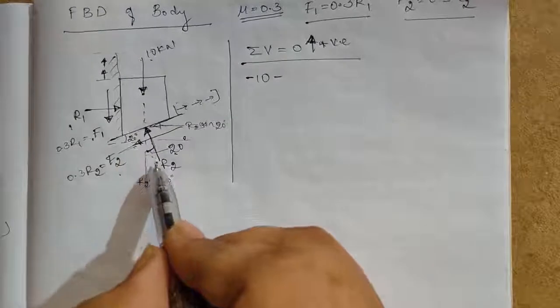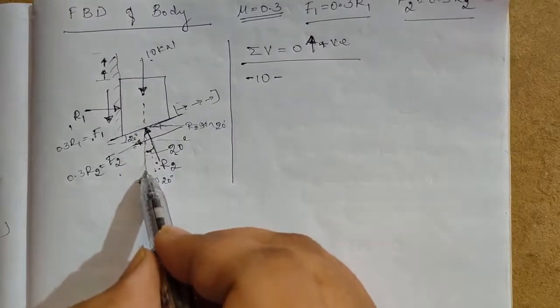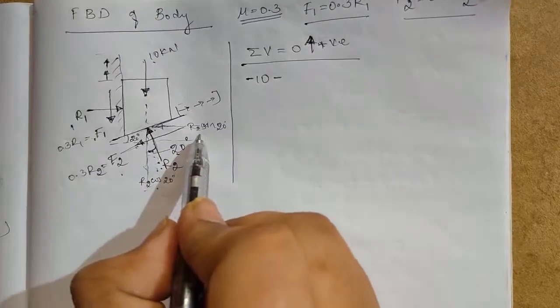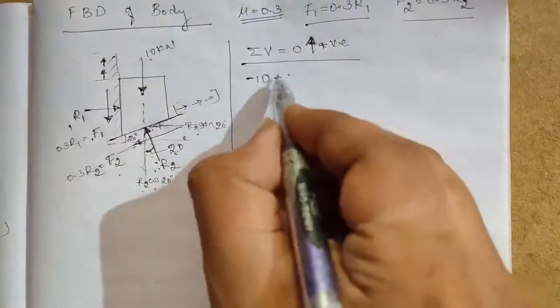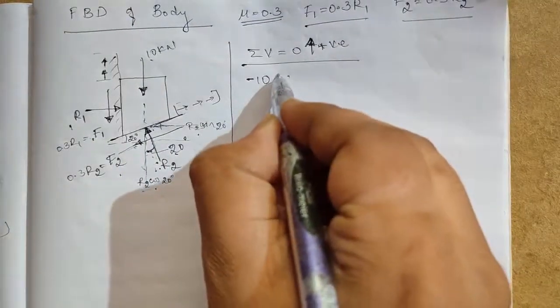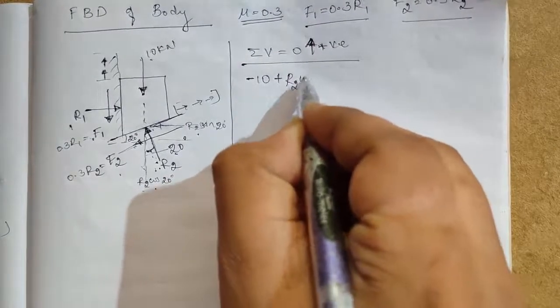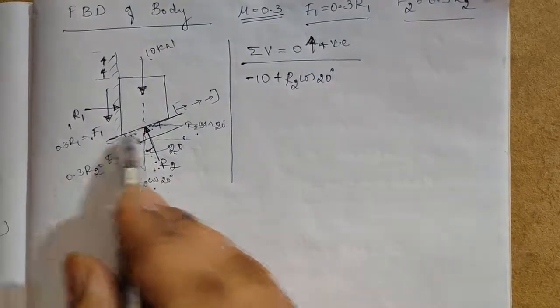So when we draw vertical, we get a 20 degree angle. So this is the vertical member, R2 cos 20. So the horizontal member will be R2 sine 20. Any other inclined force? No. Okay, then I'll take this positive one, R2 cos 20 degree. Fine.